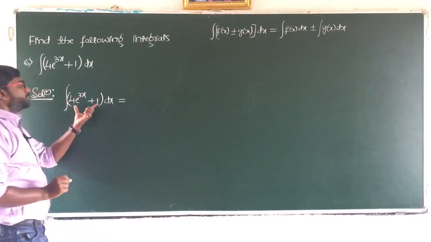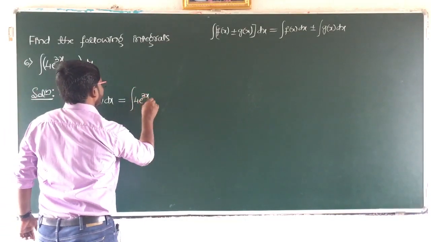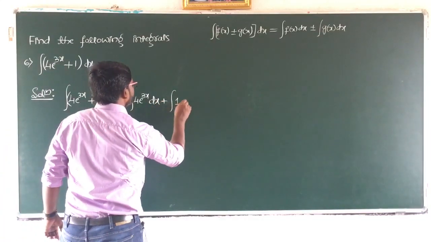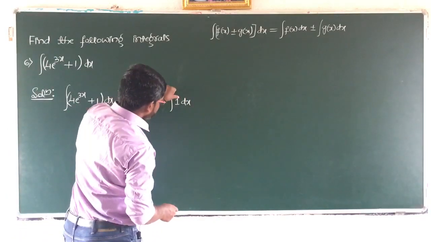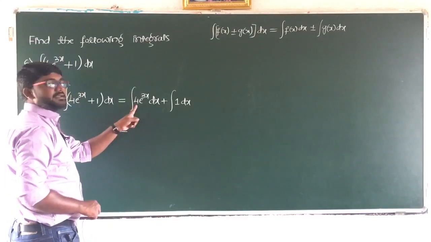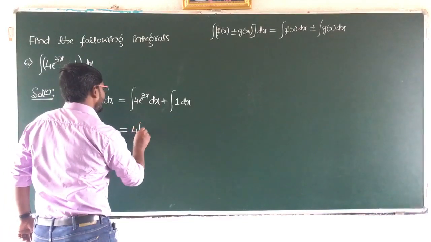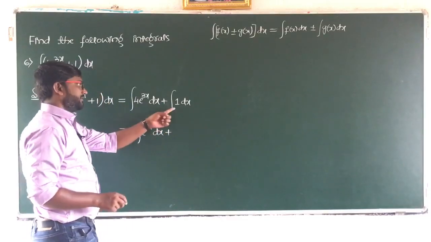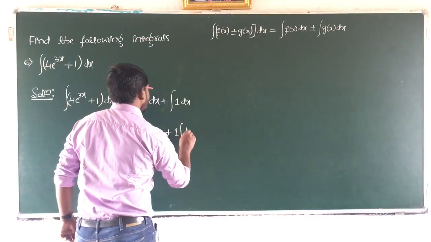Here I write this into two integrals: integral 4 e power 3x dx plus integral 1 dx. Which is equal to, here k is a constant, write it outside: 4 outside, then integrate e power 3x with respect to x, plus 1 outside, then integration of dx.